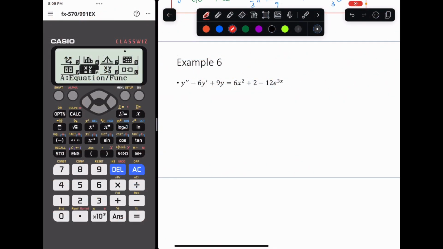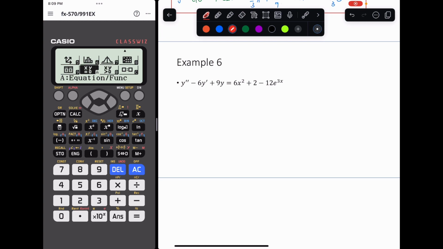Welcome back for the second part of methods of solution for undetermined coefficients. We're still solving non-homogeneous equations using the undetermined coefficients method. This time we will be solving two additional equations which fall under case 2.